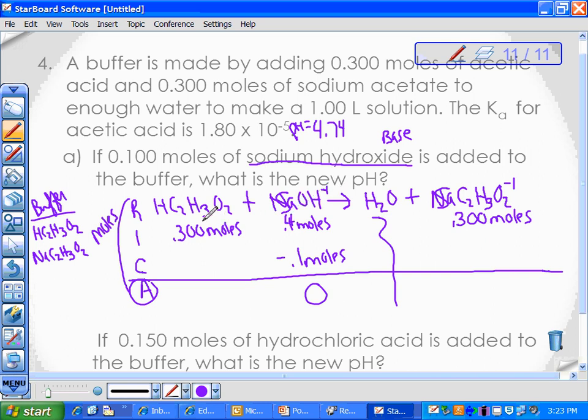Then the smallest amount would make the buffer go away. That's when you start killing yourself, when you go past your buffer capacity, like in your blood. If it's 0.1 and this is a 1-to-1, then this would be minus 0.1. Notice it's moles, so you get 0.2 moles. If you subtract on that side, you're going to add on this side.